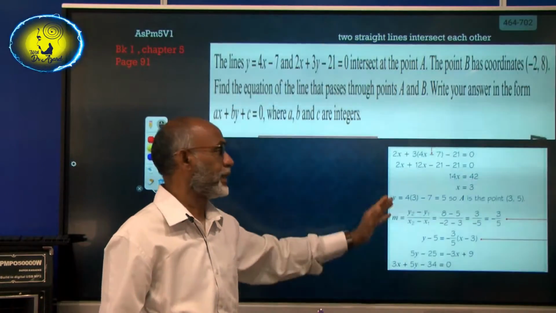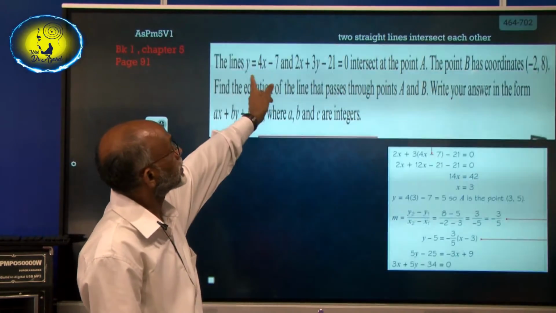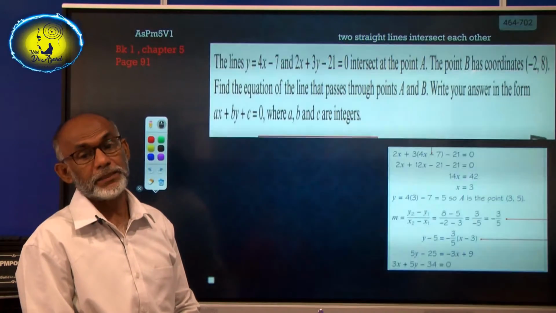Yes, we'll go for another example. Here what we are saying is, two straight lines that intersect each other.